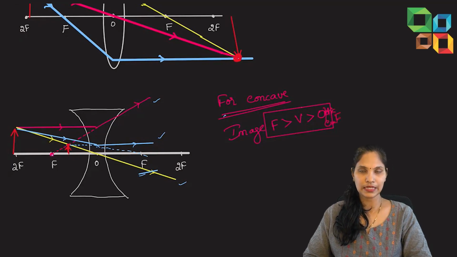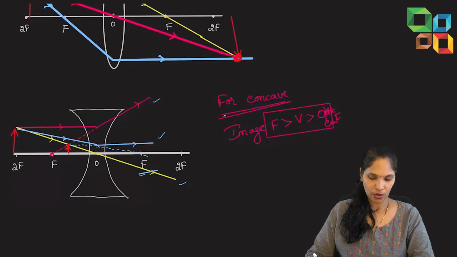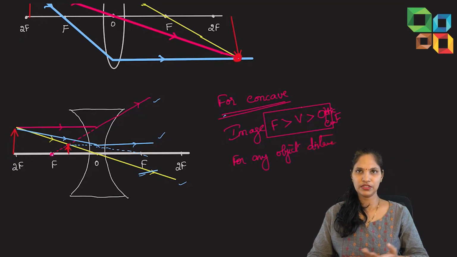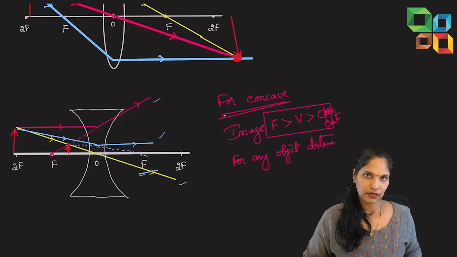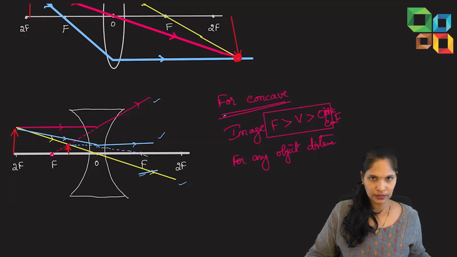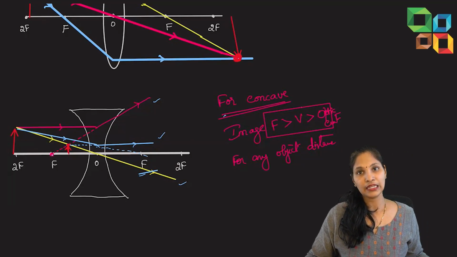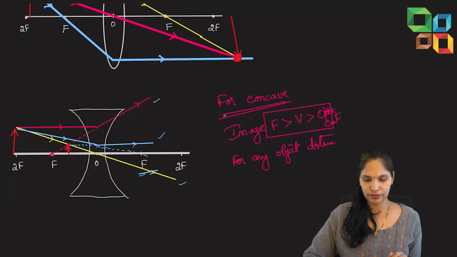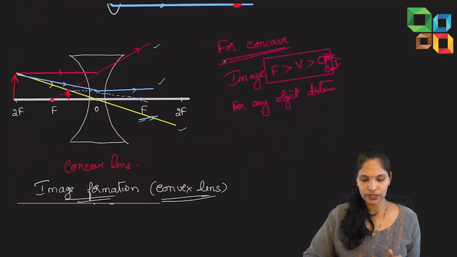So it is always lying between that for any object distance. You can try 2-3 figures, and then you will get a confirmation that anywhere you keep the object, finally you will get the image between F and O itself. You can try that as homework.